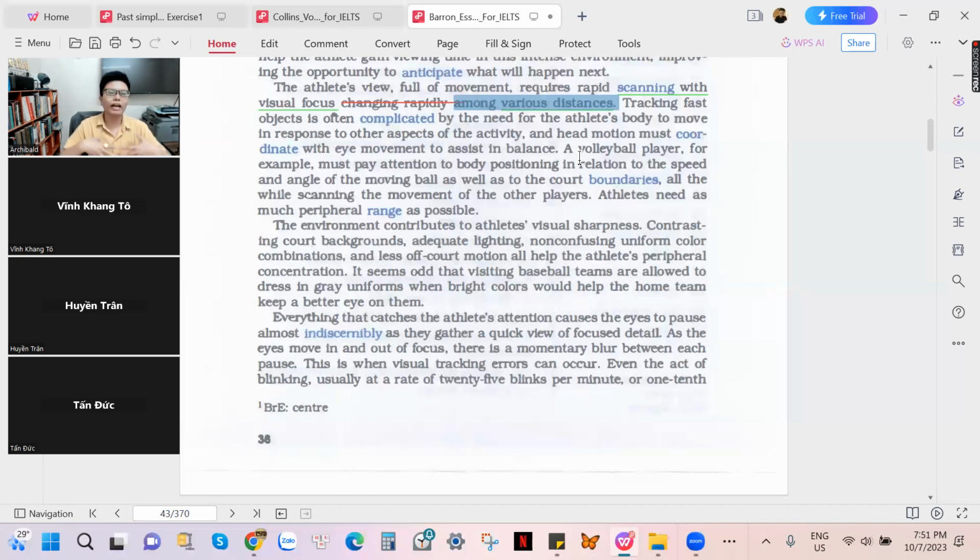They want to create a challenging situation or circumstance in which it's going to be very hard for you to find the meaning. That is what they want to do in IELTS. So among various distances, visual focus, the way that you move your eyes and the way that you focus your brain on, it's going to change.